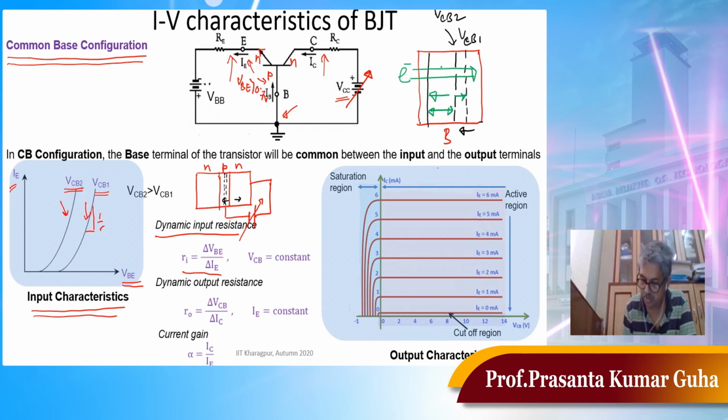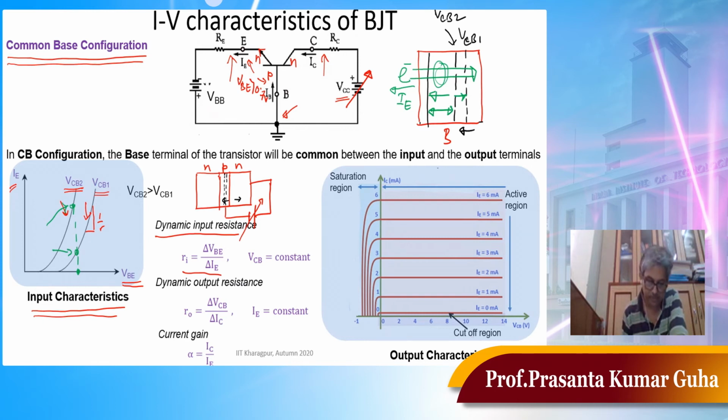So fewer electrons will recombine, so that gives rise to a larger amount of IE. Okay, so that is why you see, for the same base emitter voltage, now you have more current, more IE compared to what is here. So if you increase your collector base voltage, your emitter current is going to increase.